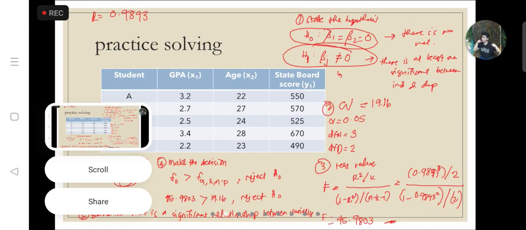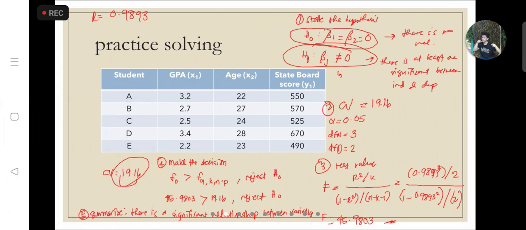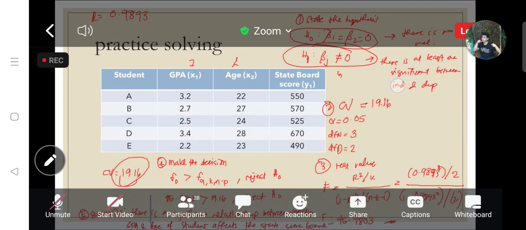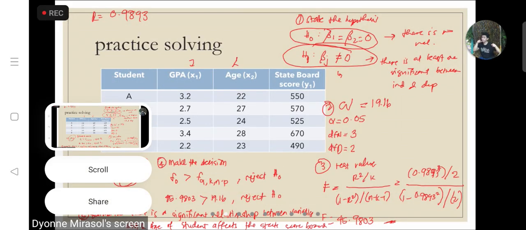Or if we personalize it to our problem, the GPA and age of the student affect the state scoreboard. Okay, any questions? Clarifications?